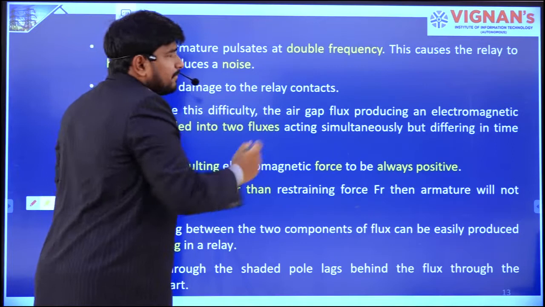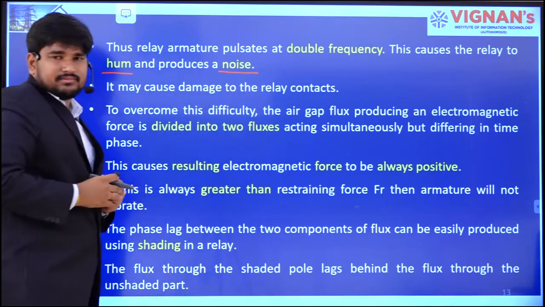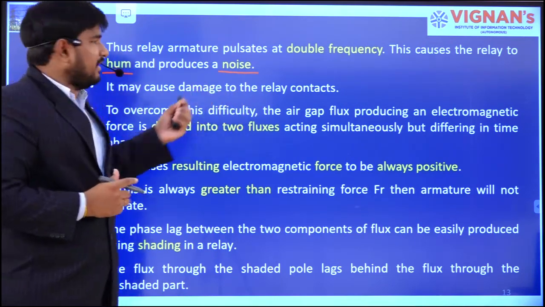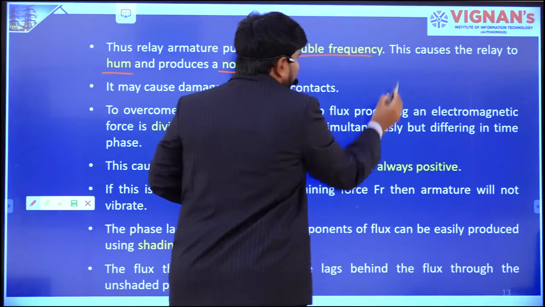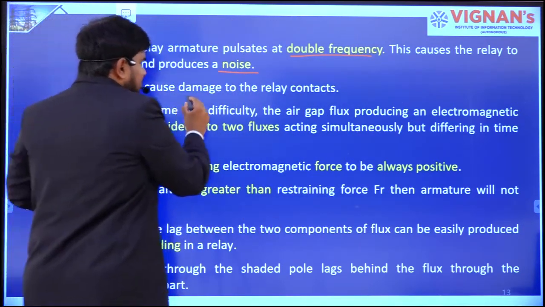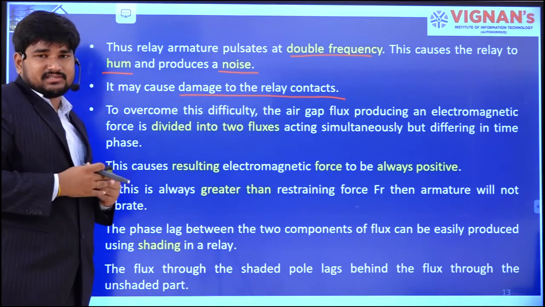This causes the relay to hum and make noise. The relay will produce a humming noise because of the double frequency I have discussed, and it may cause damage to the relay contacts because of these vibrations.